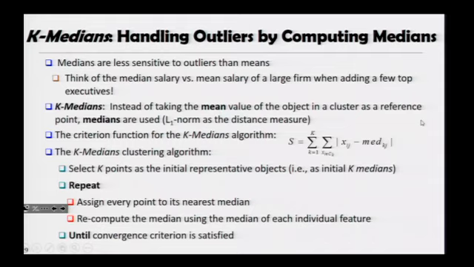Still, you select k points as the initial centroids, or initial representative objects, and then you repeat these steps: first assign the remaining data points to the nearest median, or nearest cluster centroid, then compute the median using the new cluster membership, and repeat until it converges.